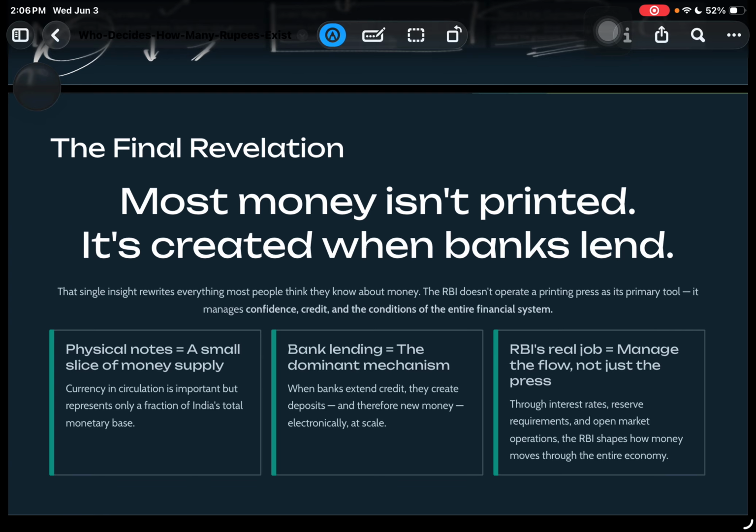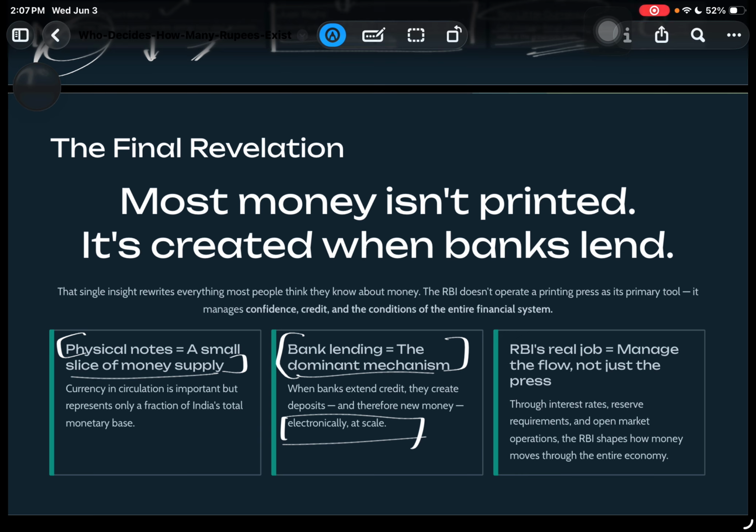So most money isn't printed, it's created when banks lend money. Right? Physical notes are a very small slice of the money supply because today, with the adoption of UPI payments, the demand for physical notes has decreased dramatically. Bank lending is the dominant mechanism which actually creates money, and that too today is done electronically at scale.